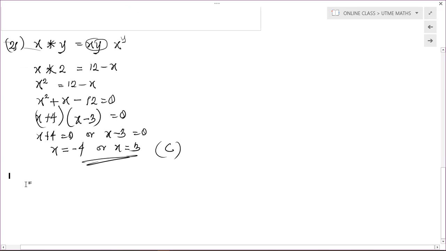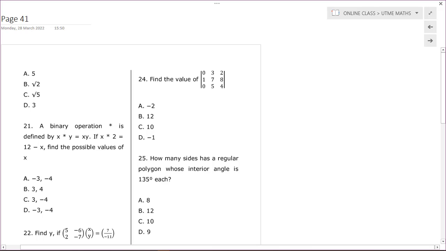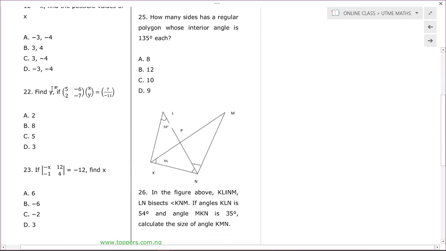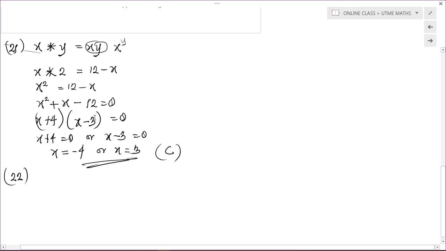Number 22 is going to be easy to say. They said that we should find y if the matrix with first column 5, 2 and second column minus 6, minus 7, multiplied by x, y, equals 7, minus 11. So let's see how we can solve this.